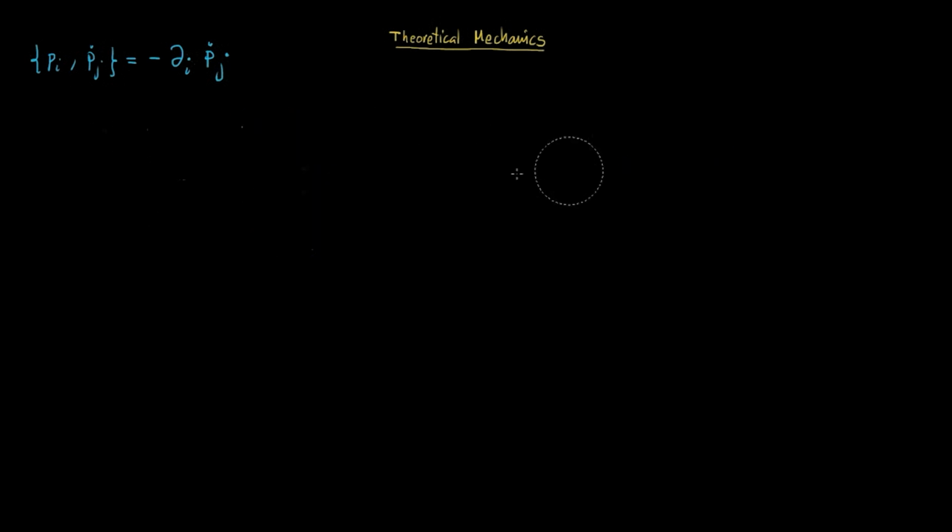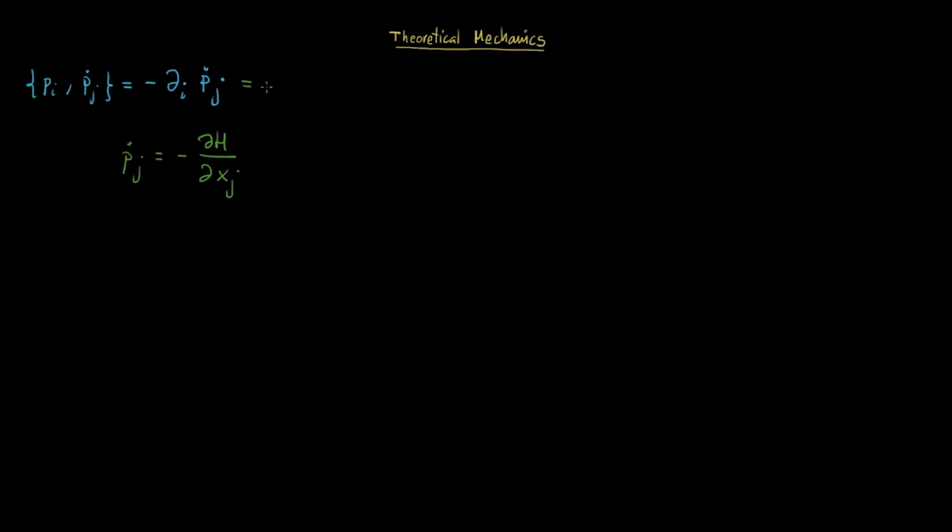Okay, but we know from Hamilton's equations that p dot j equals minus the derivative of H with respect to xj. So this is minus partial i partial j of the Hamiltonian.